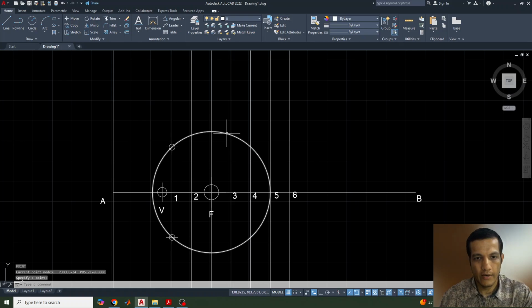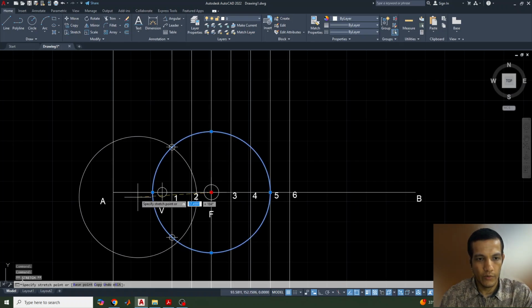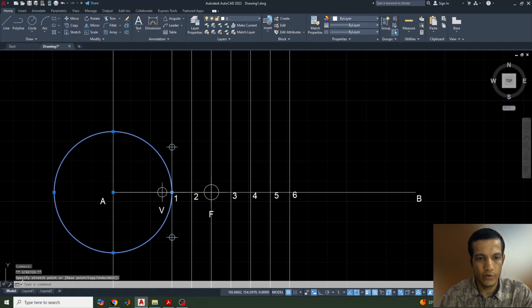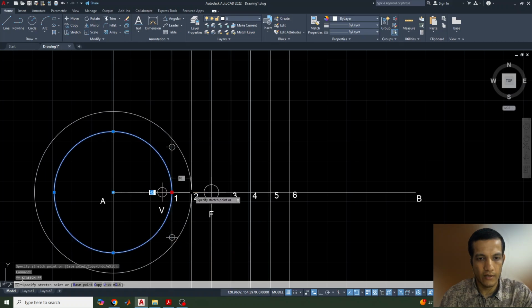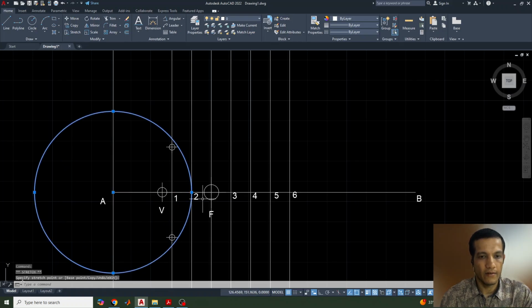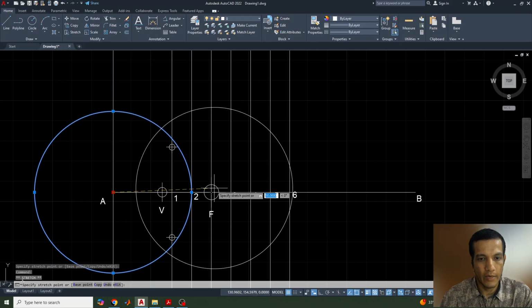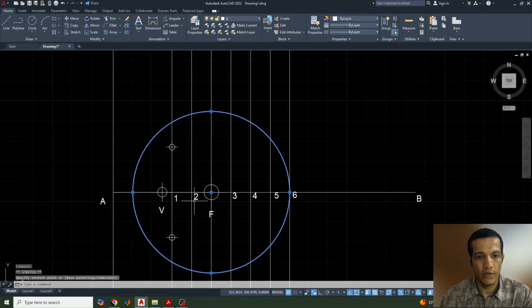Now again we need to go back to the original position of point A. Again we extend the circle radius to A to 2 point. Again we change the center point from A point to focus point. Now we'll see where it meets the second line.